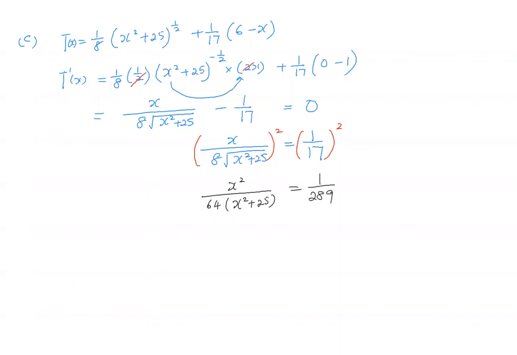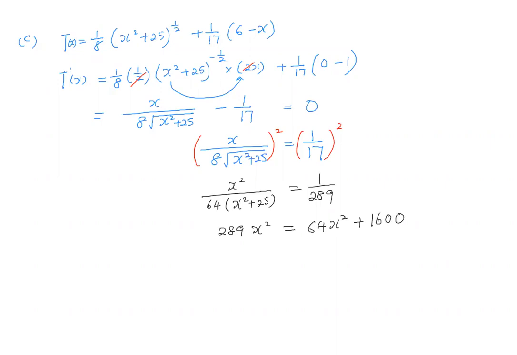Then I solve it. 289 x squared equal to 64 x squared plus 64 times 25, which is 1600.